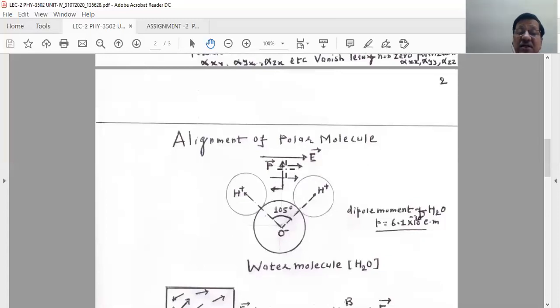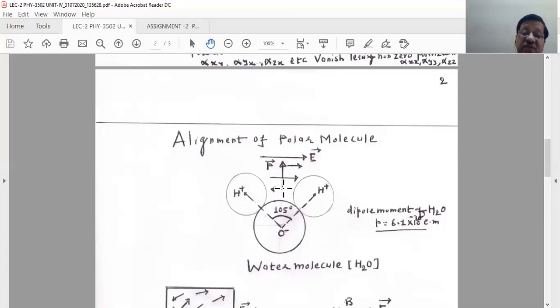This force I represent as F plus, the force acting on the positive charges of the molecule. Similarly, the negative charges, which are towards the oxygen side, experience a force in the opposite direction.